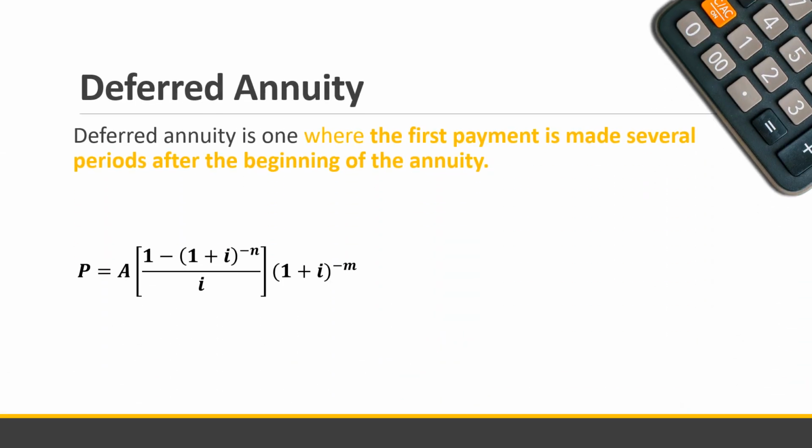Next is deferred annuity. So this is an annuity where the first payment is made several periods after the beginning of the annuity. So we will draw a diagram here.